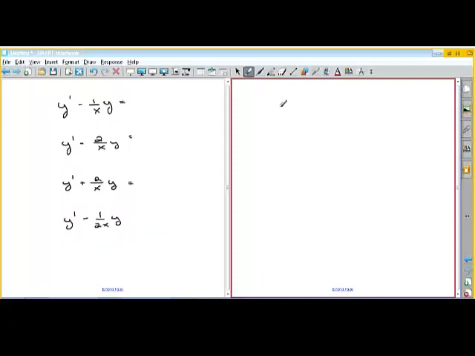So when you actually find the integrating factor, let's just do it for each one of these. You'd have e to the integral of negative 1 over x dx. You factor out the sign, and you can do that with the sign and the number. In this case, the number is 1. You end up with this natural log thing, so e to the negative natural log of the absolute value of x.